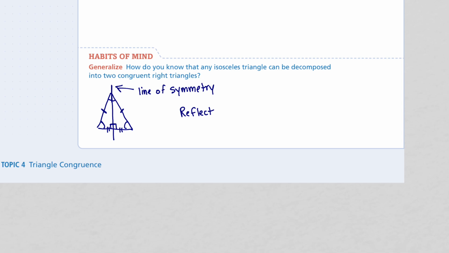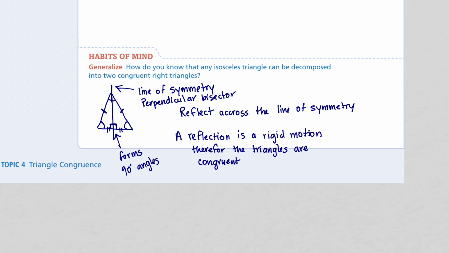And since this is a perpendicular bisector, I forgot to say that this is going to form 90-degree angles. So remember that line of symmetry, that's your perpendicular bisector, forming those 90-degree angles on the base, cutting the base in half, and we know that a reflection is a rigid motion, so therefore these two triangles are going to end up being congruent.